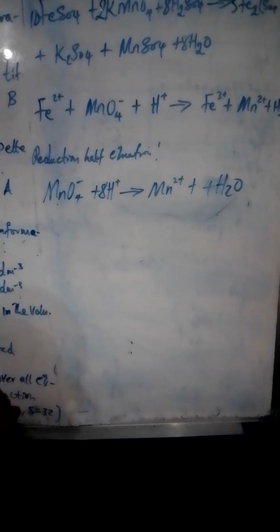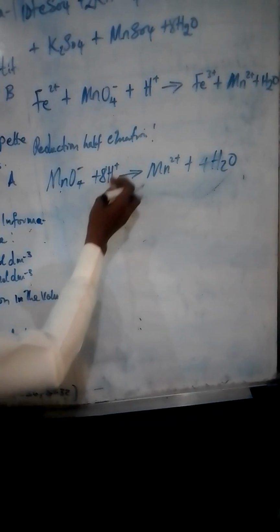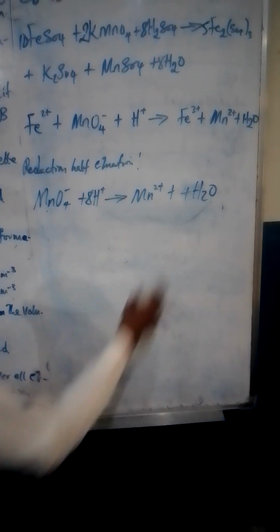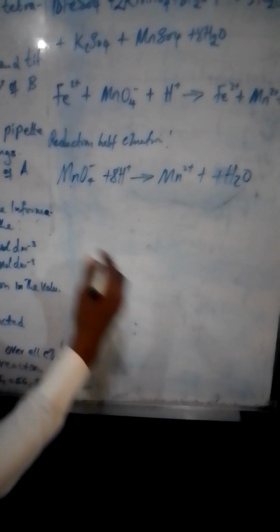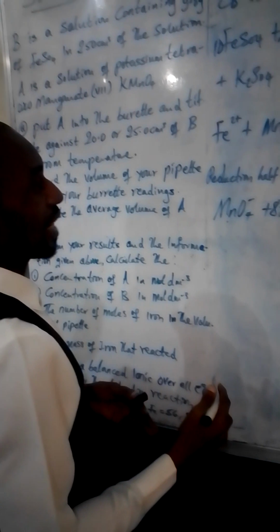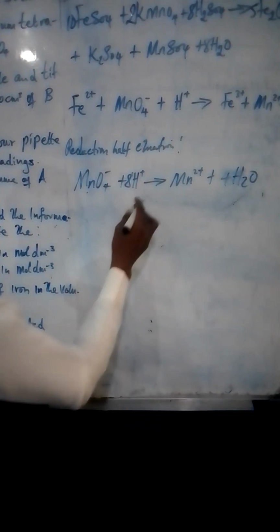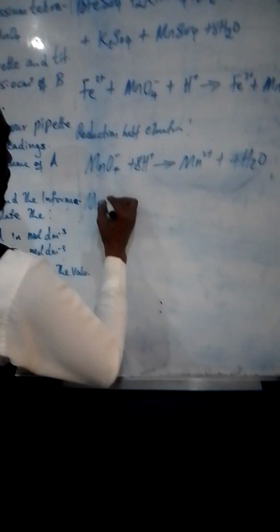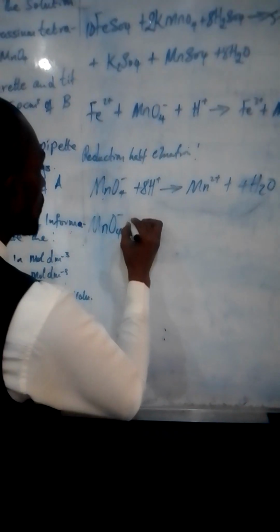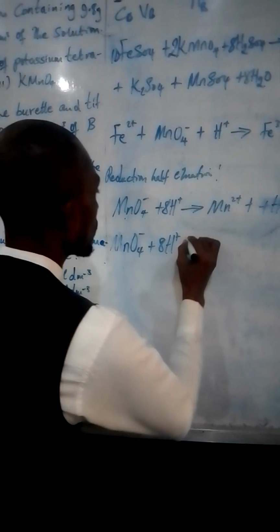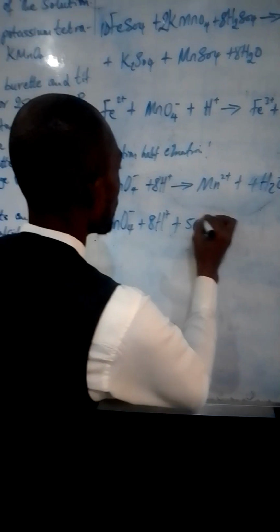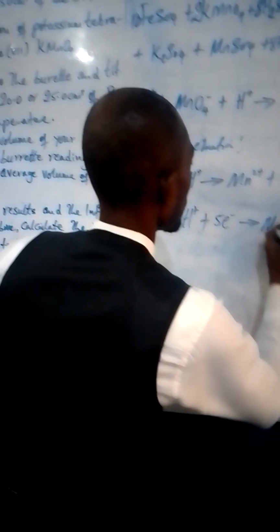Now to balance the charge, here it is plus 8 minus 1, which is plus 6, and here it is only plus 2. So we are going to balance this by adding electrons to this side, because it's reduction, and reduction is the addition of electrons. We are going to have MnO4 minus plus 8 hydrogen plus electrons. If you add 5 electrons, it's going to balance it.